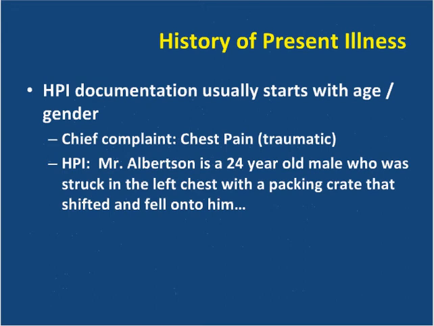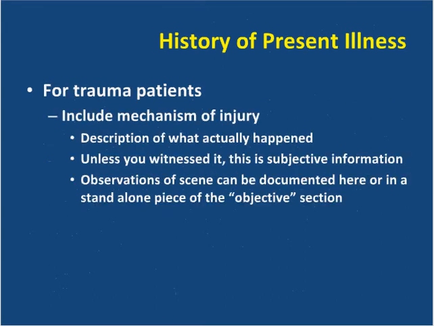We'll talk a little bit more about documentation later, but where you put information is important. So for trauma patients, you want to include what's called the mechanism of injury, which is a description of how the injury occurred. And unless you witnessed it, someone else is telling you this, so it's subjective information.